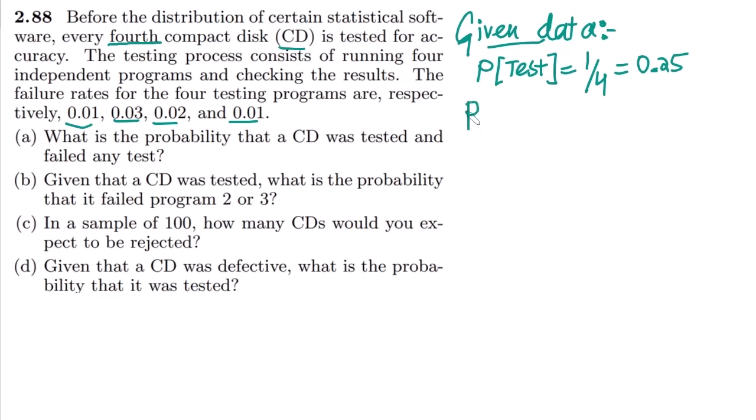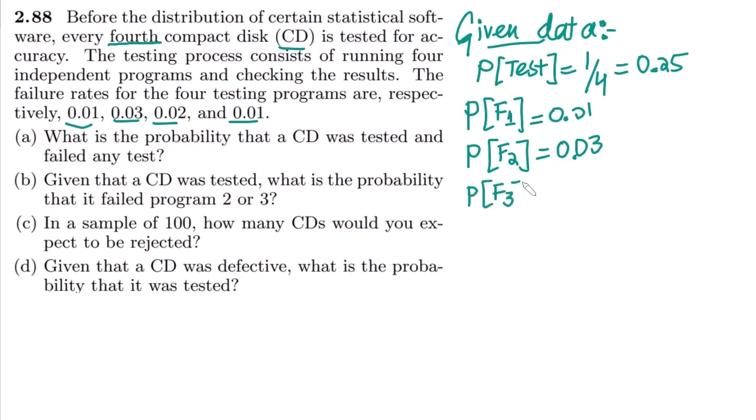Probability of failure in test 1 is F1, and that is 0.01. Probability of failure in test 2 is 0.03. Probability of failure in test 3 is 0.02, and probability of failure in test 4 is 0.01.